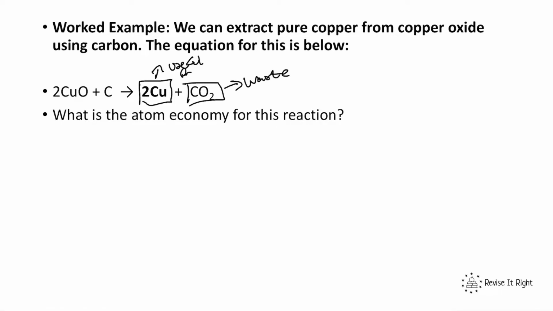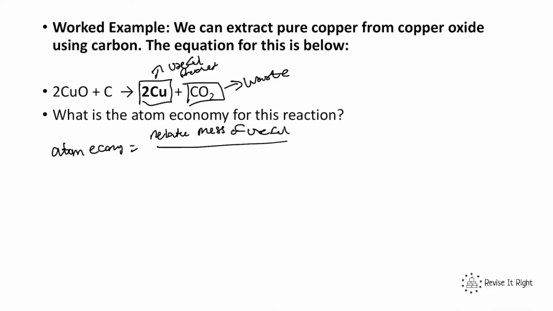So here we have the useful product and here we have the waste product. And we want to calculate what is the atom economy. So as we know, atom economy is equal to the relative mass of the useful product divided by the relative mass of the reactants, which obviously are here, times by 100.